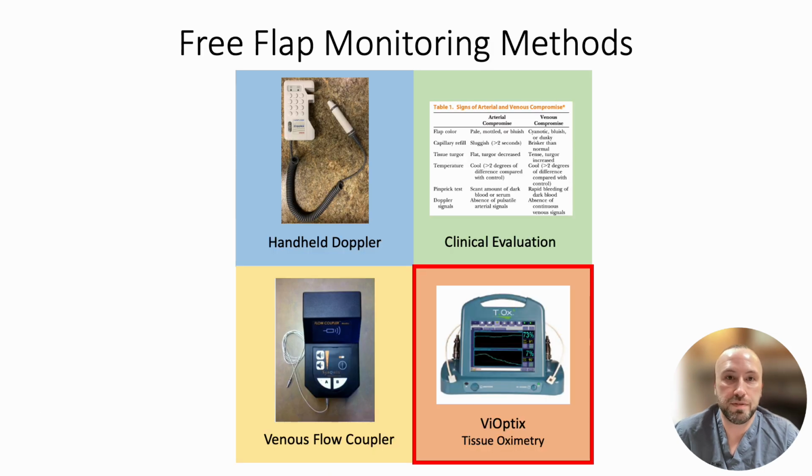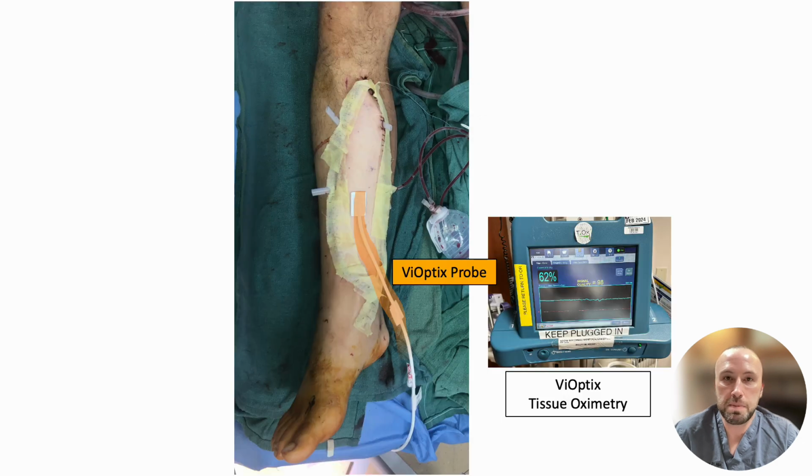Next, let's talk about the Vioptics tissue oximetry monitor. A Vioptics tissue oximetry probe attached to a thick white cable is placed on the flap during surgery. This cable is connected to the Vioptics monitor, which provides continuous monitoring of flap tissue perfusion and oxygenation.